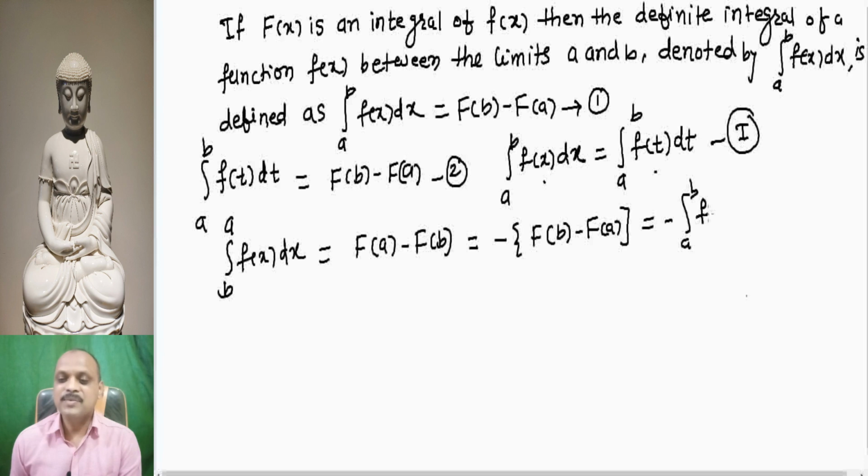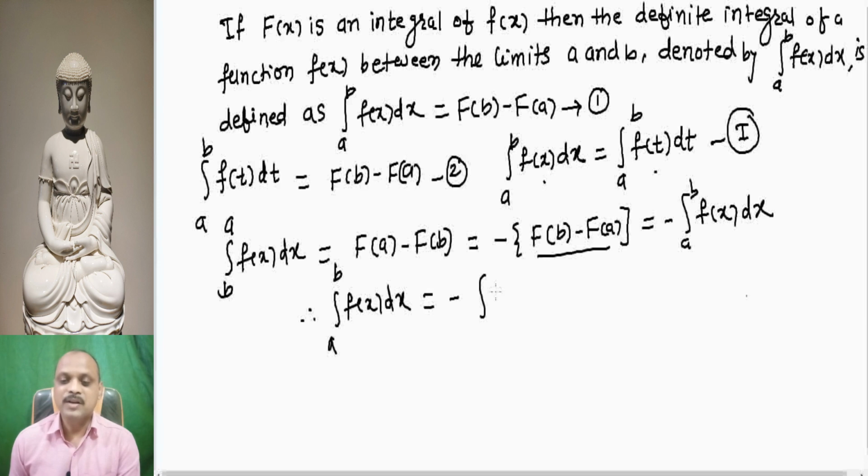F of b minus F of a, from equation 1, is nothing but the integral of f of x between the limits a to b. So we have the integral of f of x between the limits b to a equal to minus the integral of f of x between the limits a to b. This is our second property.